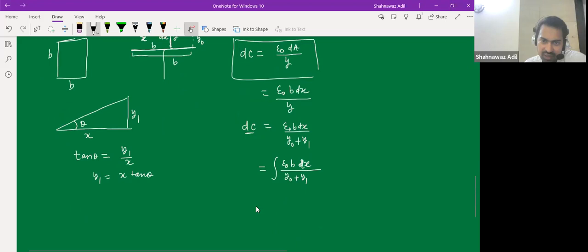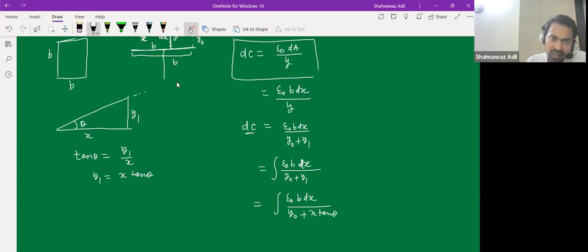So I can write this as epsilon naught b dx divided by y naught plus y1, which is x tan theta. And I know that tan theta is equal to y naught by b.